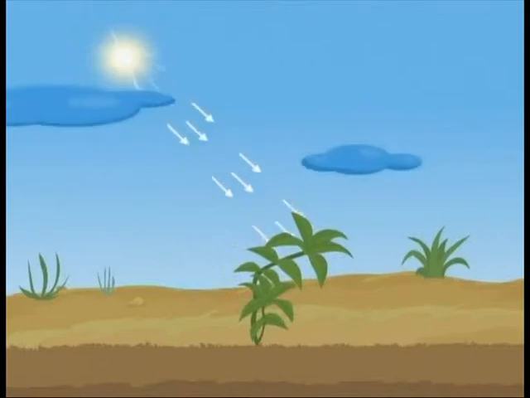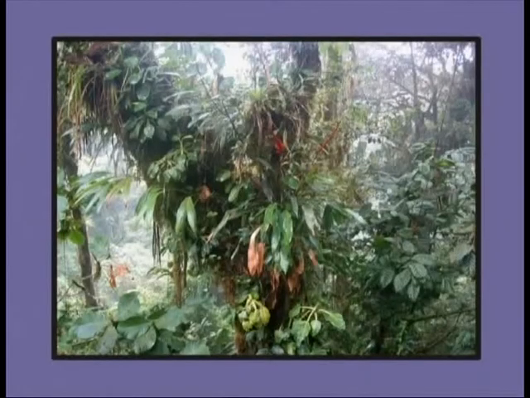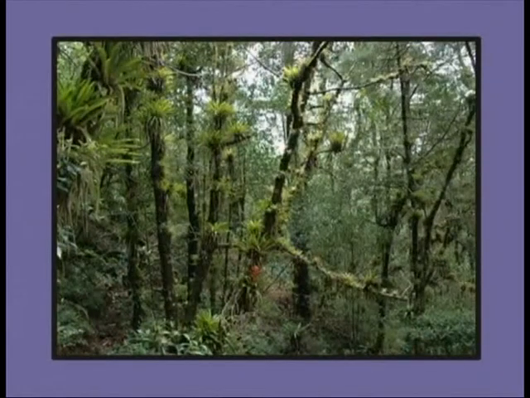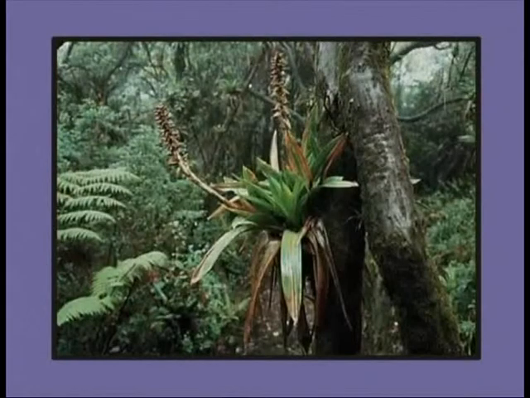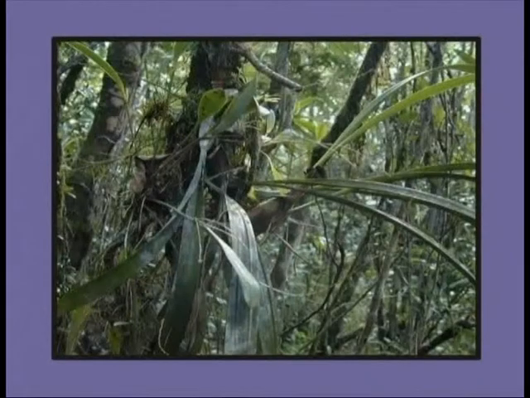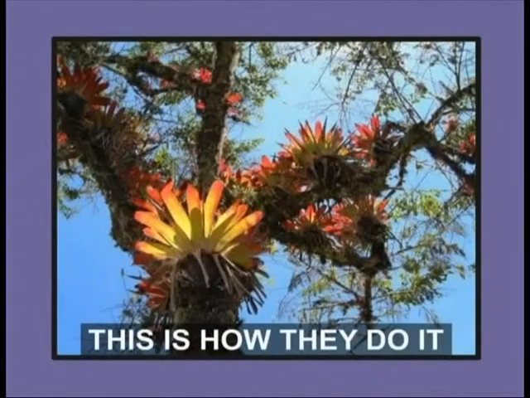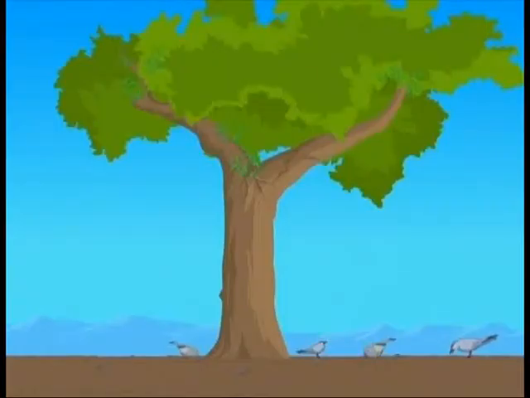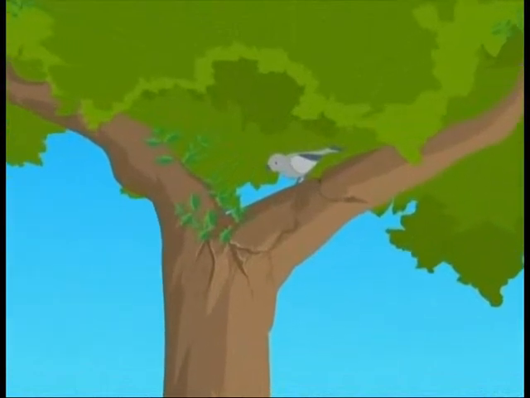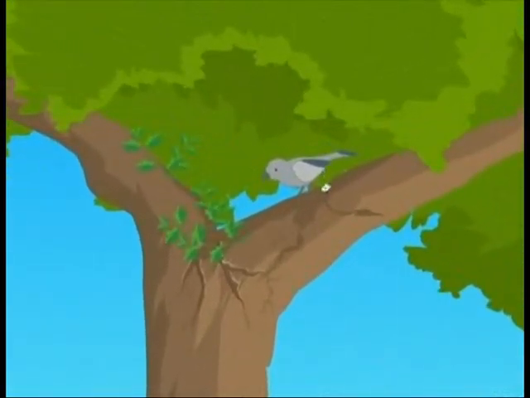So plants like epiphytes use the big trees to their advantage and convert them into high-rise platforms to reach the sky. This is how they do it. Birds eat the fruits of the epiphyte plant and fly off to the top of the trees to rest. They expel the seeds of the plant in the form of droppings on the trees.